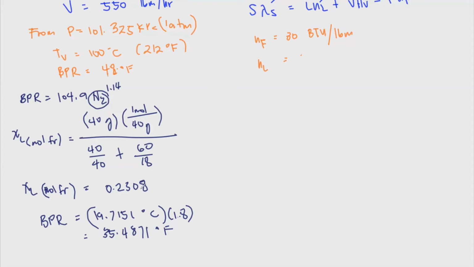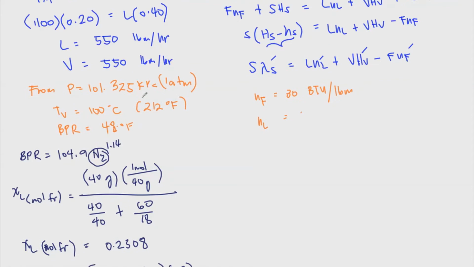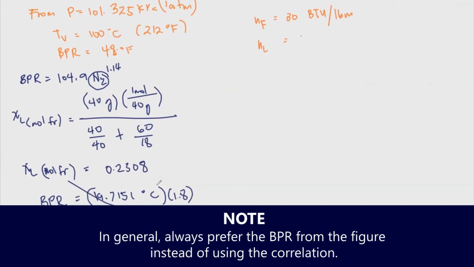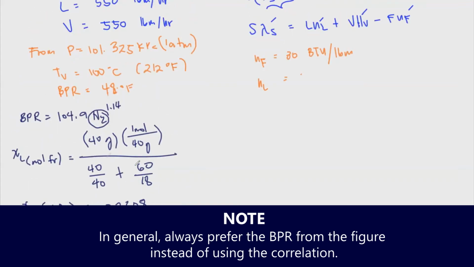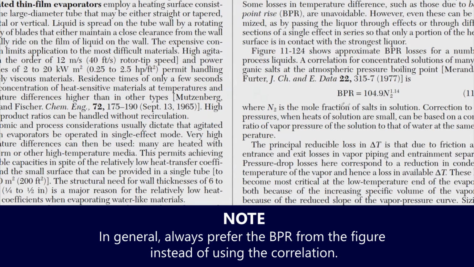So what will you be selecting? In this case, you will be using the one obtained from the Duhring's chart. So let's cross this out. Why is that so? Because this figure is a correlation obtained from atmospheric pressure boiling point. Now, it is true that our problem is also obtained from the atmospheric boiling point, but this expression is showing us the approximate BPR, in a way that this is just an approximation and a correlation.